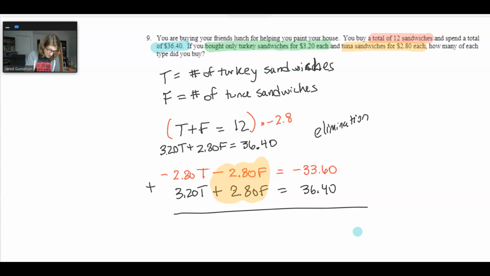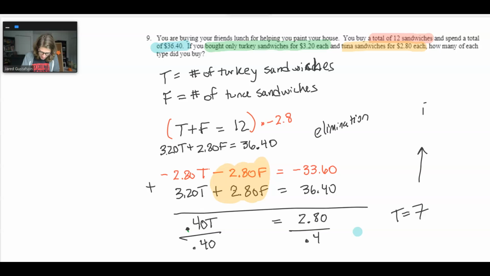Adding them together, negative 2.8 T plus 3.2 T is 0.4 T. Negative 33.60 plus 36.40 is 2.80. We're going to divide by 0.4. And we get T equals 7.